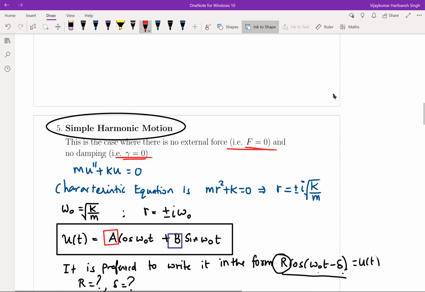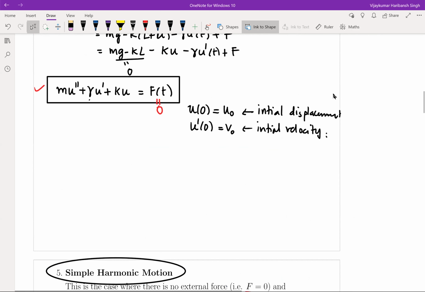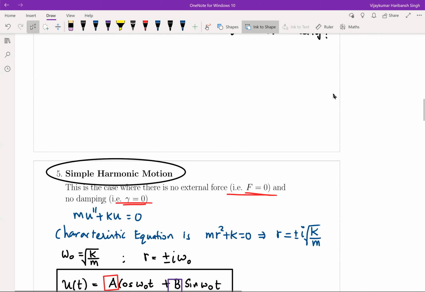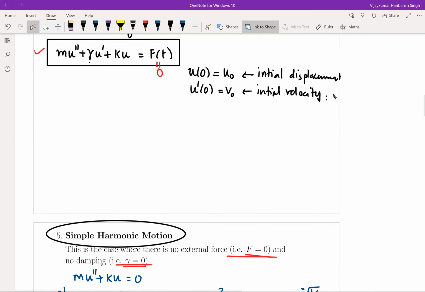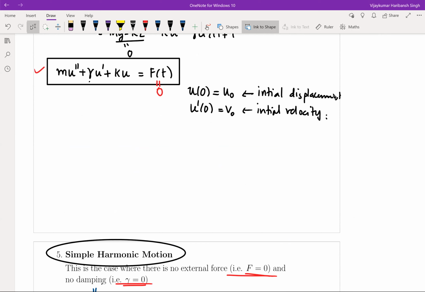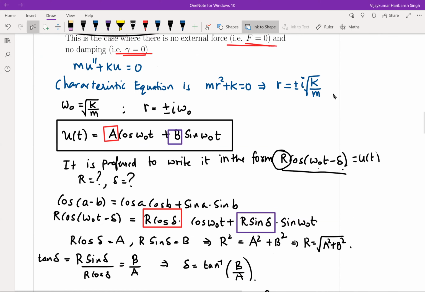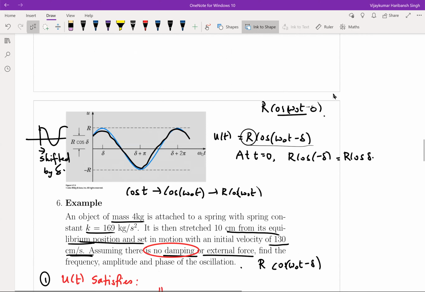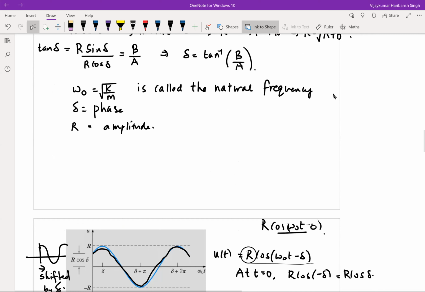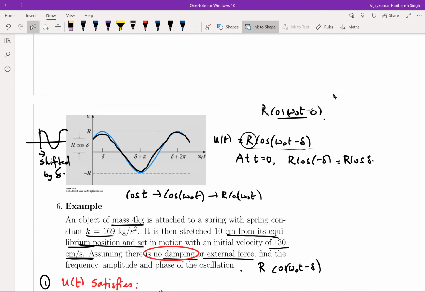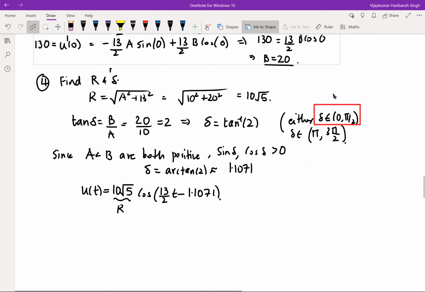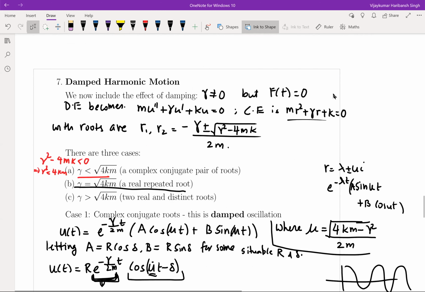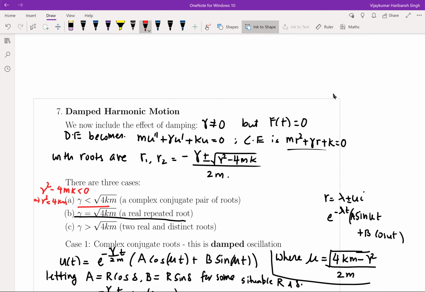Then we got the case when gamma is 0, we solved it, we got simple harmonic motion. If gamma is not 0, then there's damping happening. Now, those dampings are of three kinds that depend on the solution to your characteristic equation.